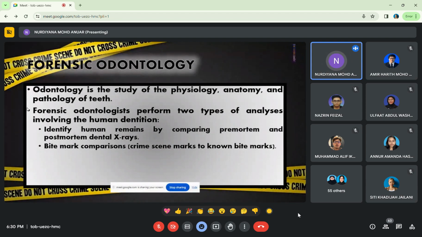Sebab gigi kita ni kan bila kanak-kanak dah start tumbuh gigi, dia akan start dengan satu, lepas tu dia akan tambah. So daripada numbers of gigi yang kita ada, the teeth yang kita ada ni, we can estimate berapa usia individu tersebut. Okay, dengan dikaji betul-betul lah bentuk gigi tersebut.